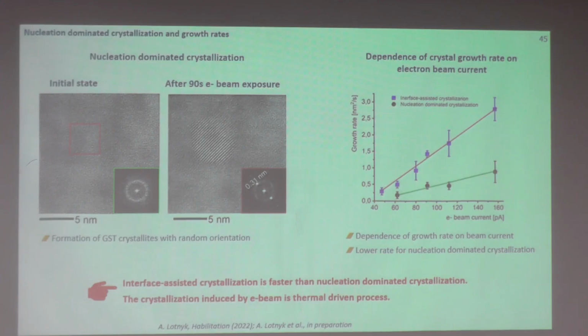And we also see, due to the linear dependence of the growth rate on electron beam current, that this is a thermally driven process, because of the transfer of energy from the electron beam to the material, and it causes local heating of the lattice.